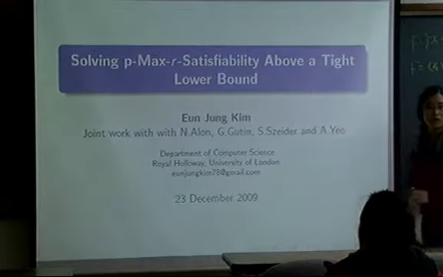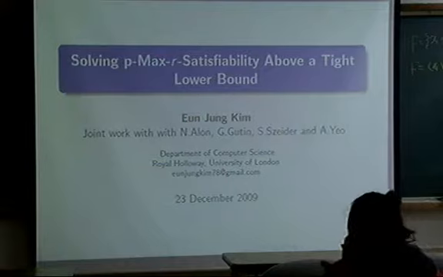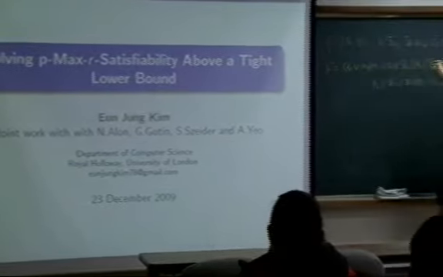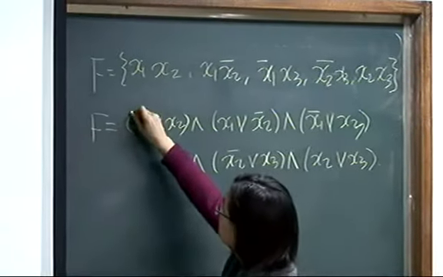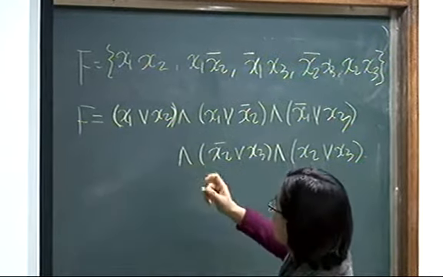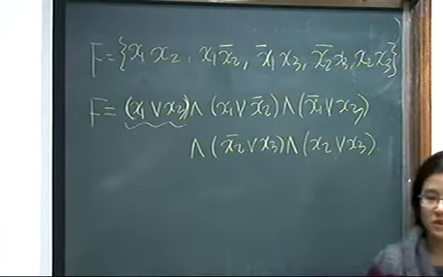Do you all know what conjunctive normal form, CNF, means? A conjunctive normal form is a formula of the following form. This is a clause. It's a set of literals.